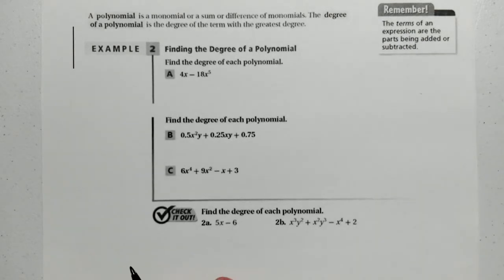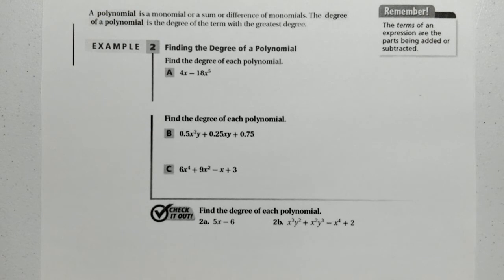So terms are separated by addition or subtraction. So here we are going to find the degree of a polynomial. We're going to look at each individual monomial, identify the degree, and whatever monomial has the greatest degree, that is the degree of the polynomial.